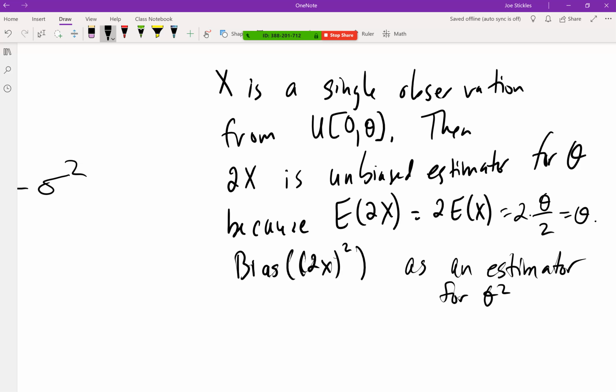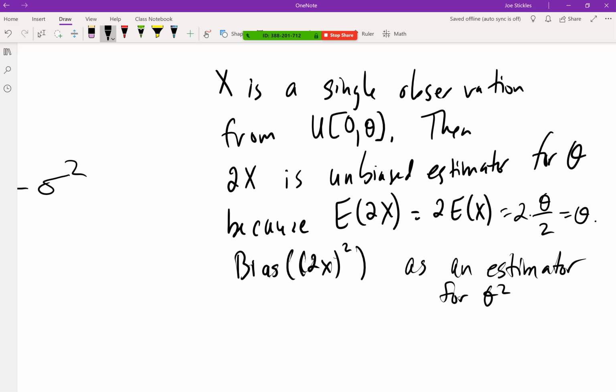Much like what we just talked about in the previous example, we had an unbiased estimator for Q, so we tried to use that to estimate Q times 1 minus Q, and some bias popped up. So in this example, we have an unbiased estimator for theta. Let's try to use the same estimator to estimate theta squared and see if any bias pops up.